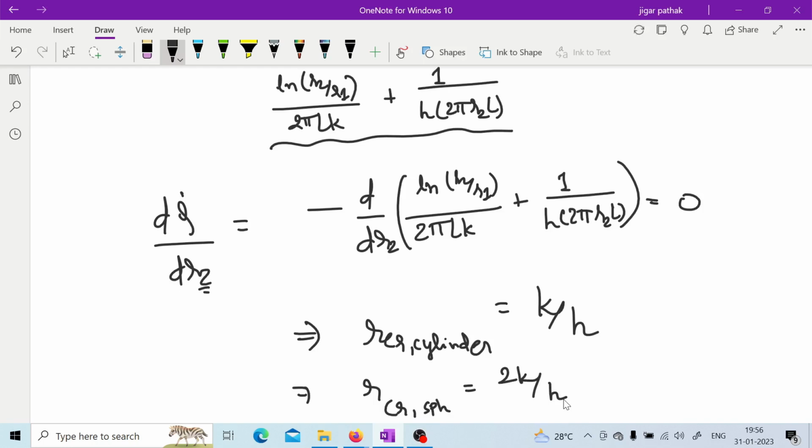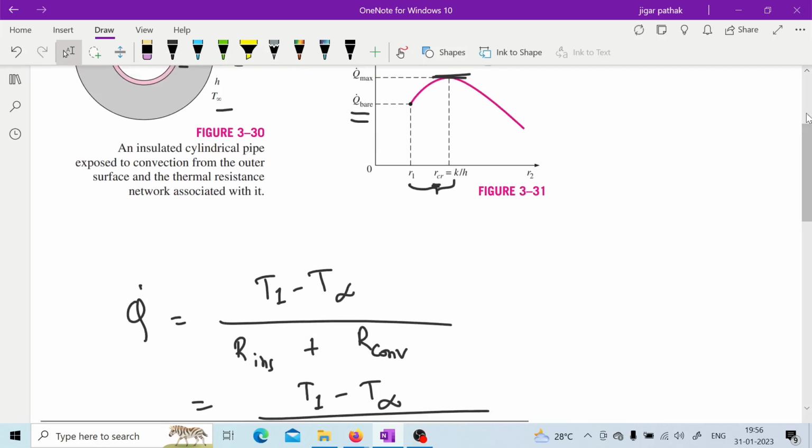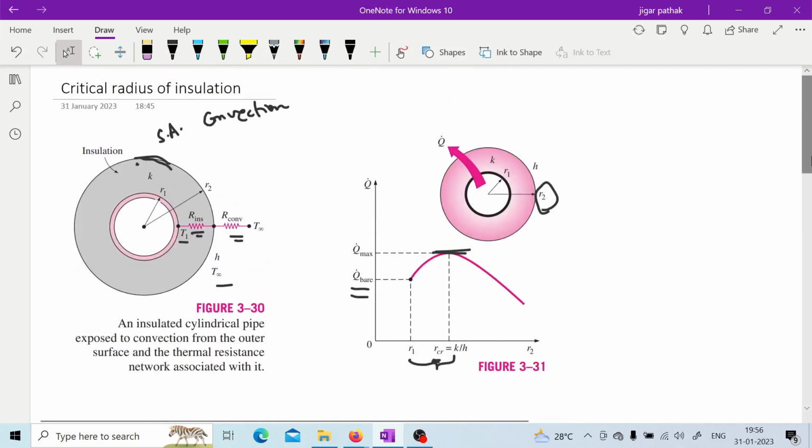So this is how you get the critical radius of insulation. Did you get this, that you need to increase the radius of insulation beyond this point, otherwise there will be an increase in heat transfer instead of a decrease? Are you getting this?